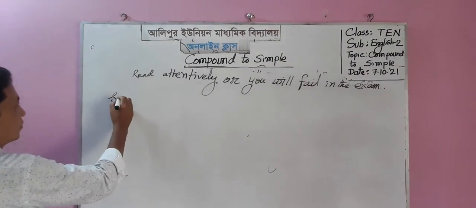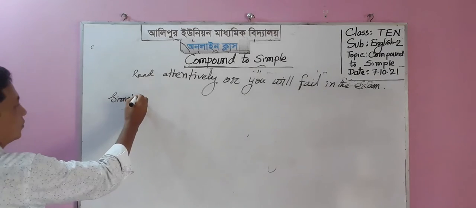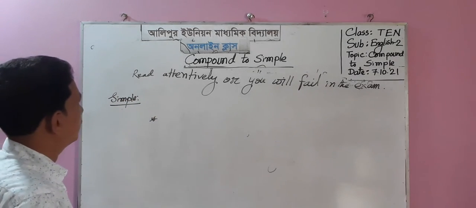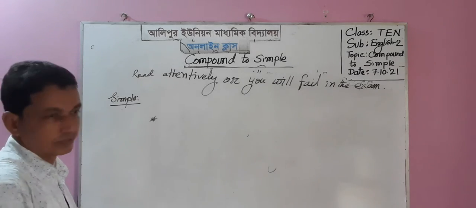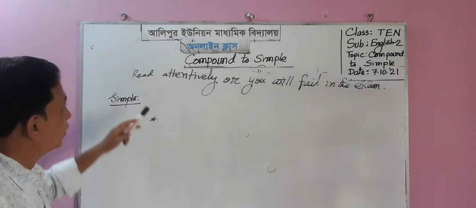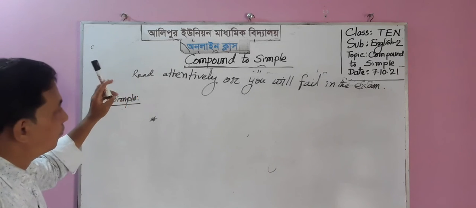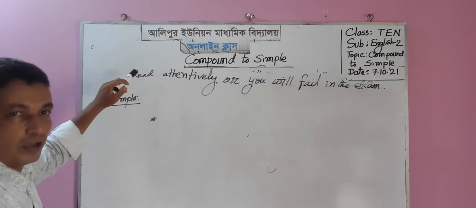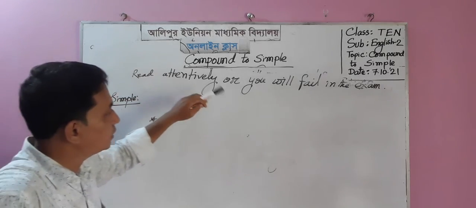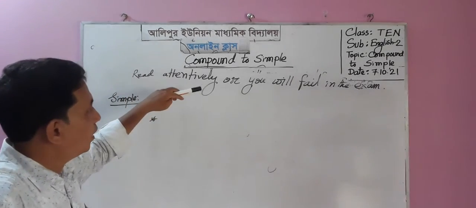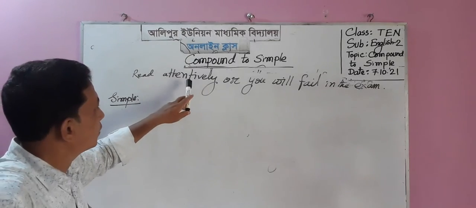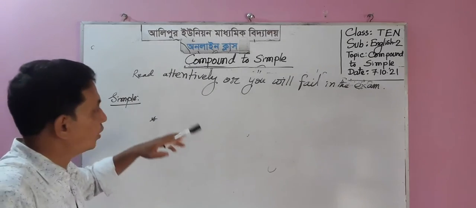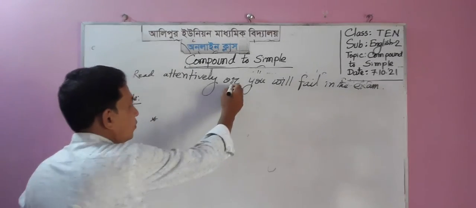Simple sentence. Dear students, read attentively or you will fail in the exam. This has the opposite meaning of the previous sentence. Though the sentence starts with an imperative, meaning read, between the two clauses we have to use "or".